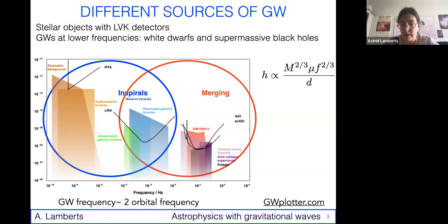In this frequency band, we also expect to see signatures from the collapse of massive stars in supernova. I'll very briefly mention that at the end of my talk. And possibly also the rotation of what we call pulsars. So a pulsar is a neutron star, so the remnant of a massive star, that is rotating quickly and is emitting a beam of light that occasionally is centered on the Earth and that we can detect.